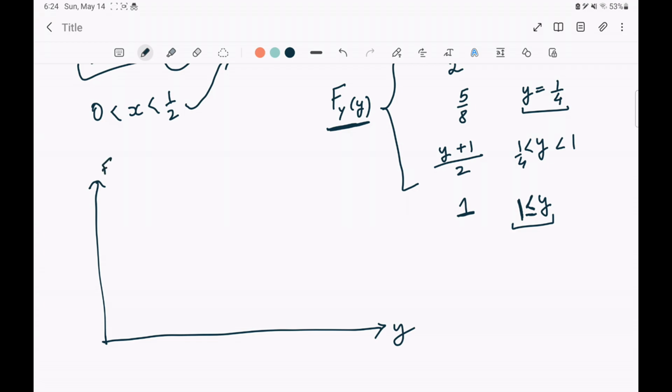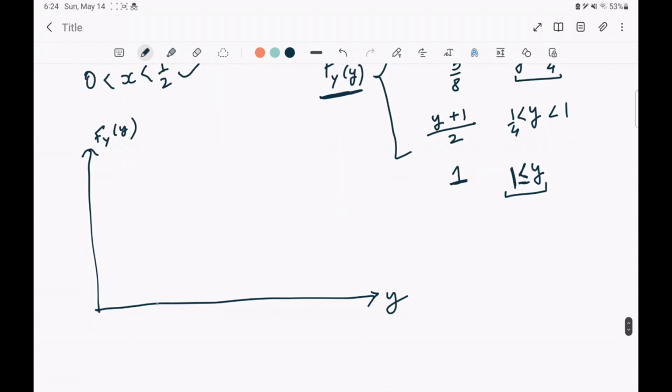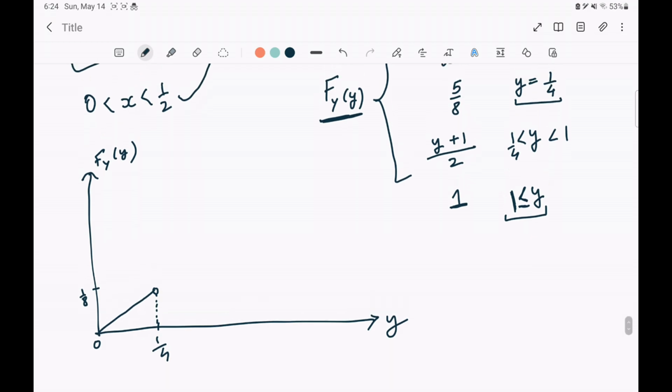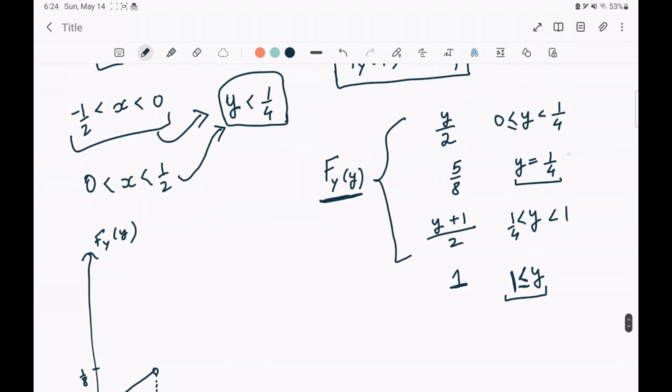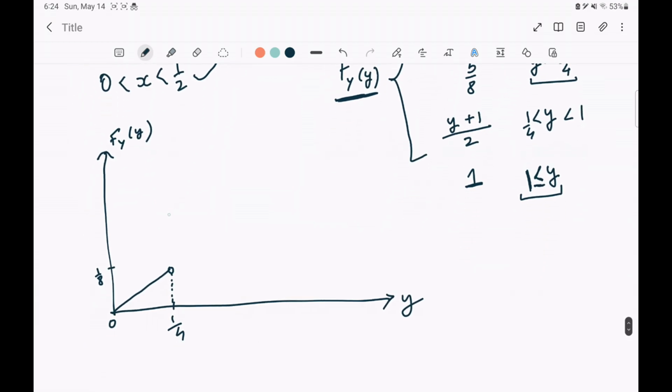Y and F_Y of small y. So from y varying between 0 to 1 by 4, it will increase linearly with the slope of half. So this is 1 by 8 and this is 1 by 4, and it won't include this point. And then at y equals 1 by 4, it would shoot up to 5 by 8.